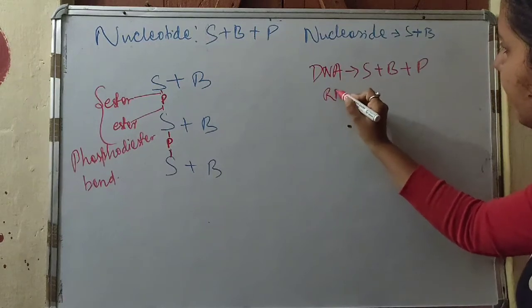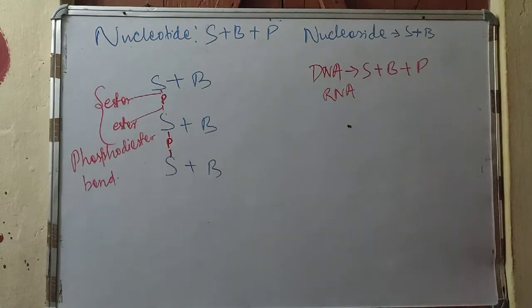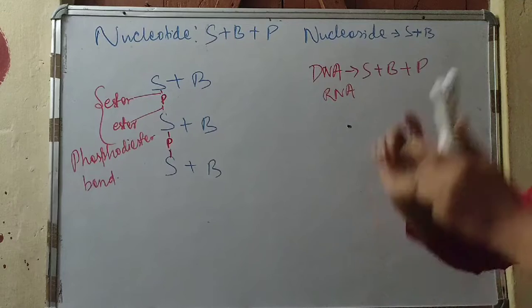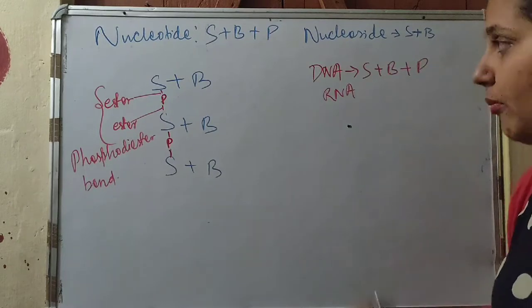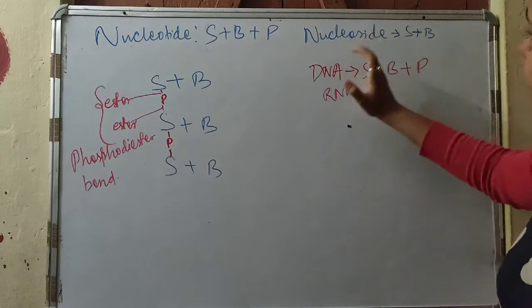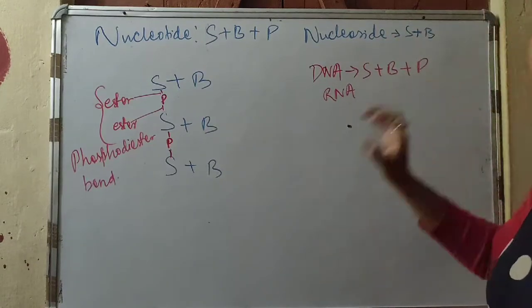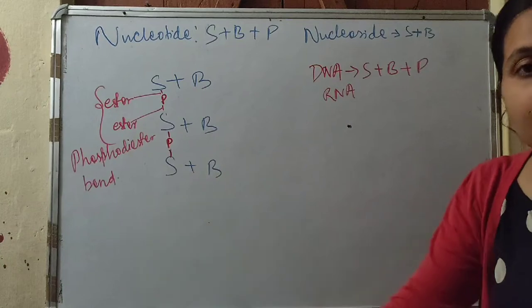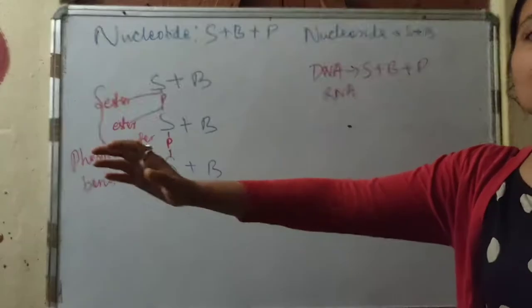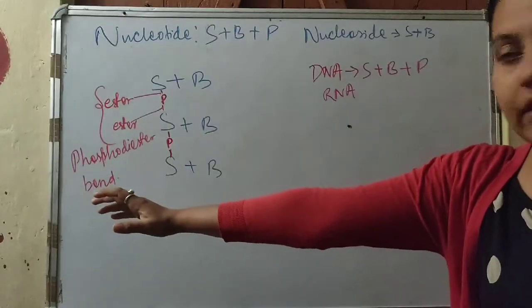RNA is also made up of sugar plus phosphate plus base, and they are the basic unit of the life form. So we need to know how this sugar, phosphate plus base forms a bridge between them and forms a unit of life, right?